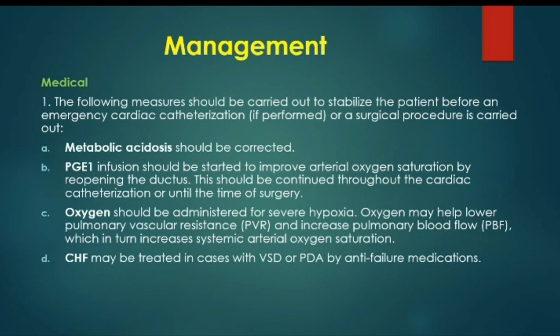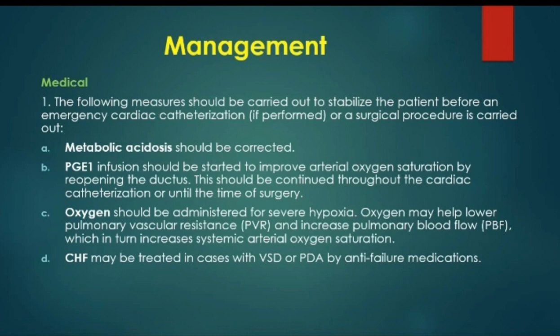Usually these patients come as an emergency. At first, we need to stabilize the patient before doing any definitive intervention or even palliative procedure. First, we need to correct the metabolic acidosis. We should start prostaglandin infusion to keep the ductus arteriosus patent and improve oxygen saturation.